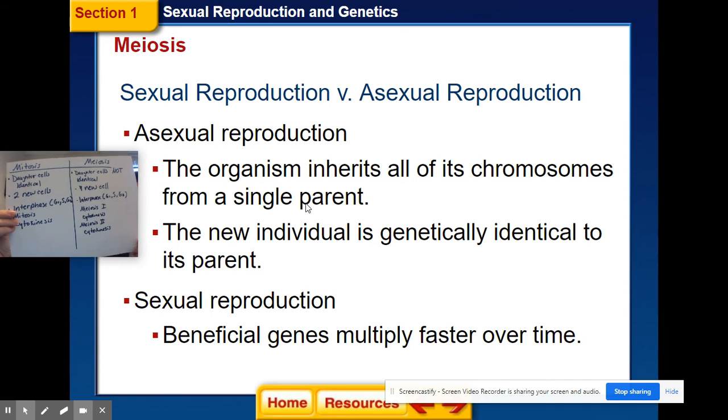All right, meiosis 1, cytokinesis, and then meiosis 2, cytokinesis. All right, so that's a very quick little chart of the 2 main differences here.